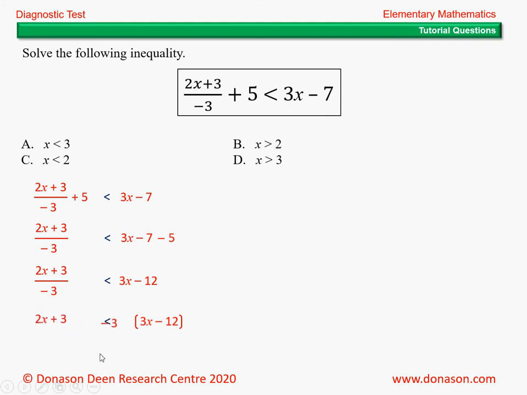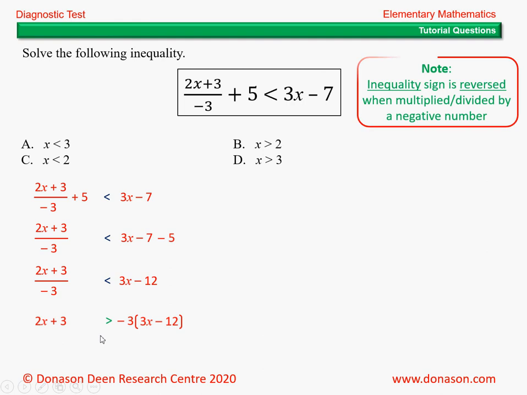I'm going to put a bracket and cross multiply the negative 3, and take note, the inequality sign has to reverse, because whenever one side of the inequality is multiplied or divided by a negative number, the inequality sign must be reversed. That's the reason why the less than sign became a more than sign. The reason being, I cross multiplied by a negative 3, a negative number. That's the most important step that you must take note of.